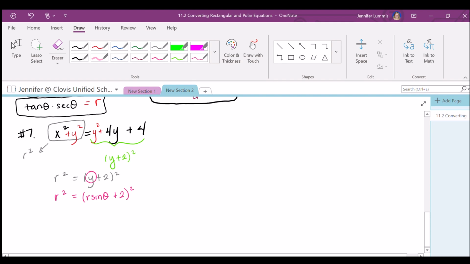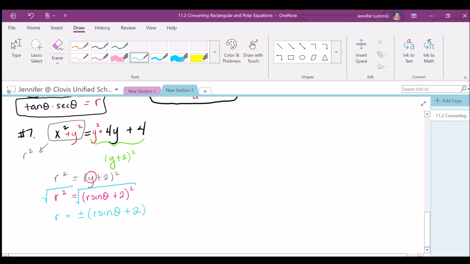Okay, so what's nice? We want to get r by itself, and so we're going to square root both sides. And last time I said we don't want to do that. This time it's not so bad because both sides are squared. By square rooting both sides, it works out rather nice. So r is now plus or minus r sine theta plus 2.